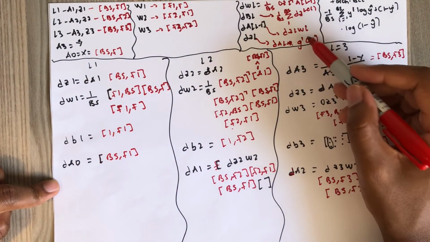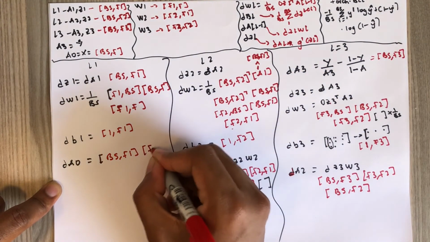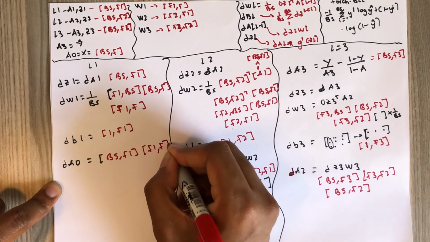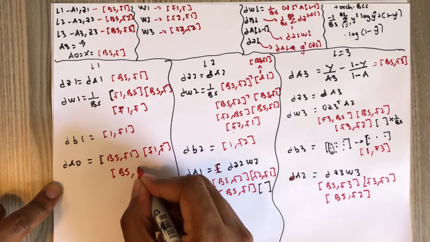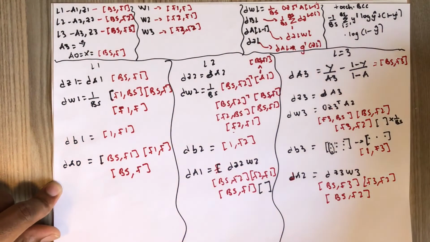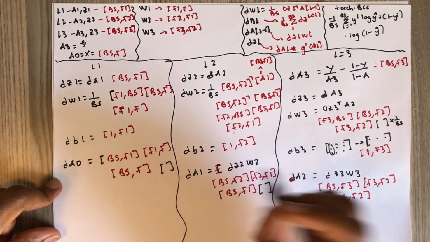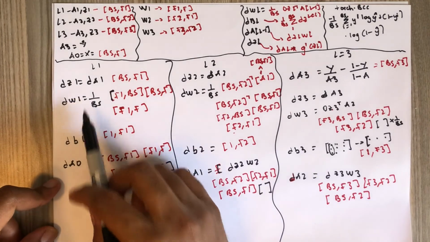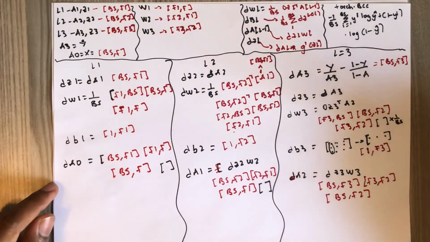Then w1 has a dimension of f1 by what? f, and with tensor of dimension bs by f. This is a tensor, and notice that dw1 has the same dimension as w1.